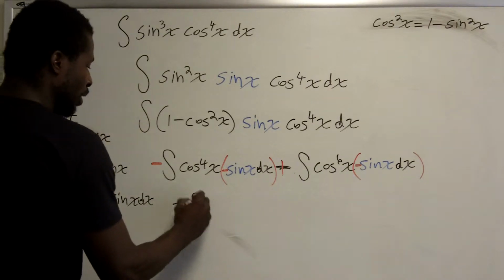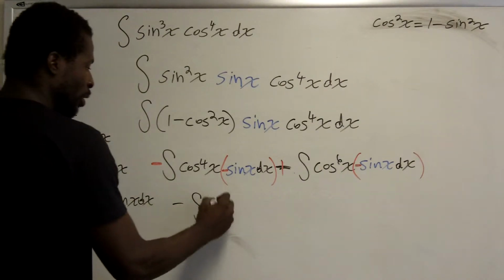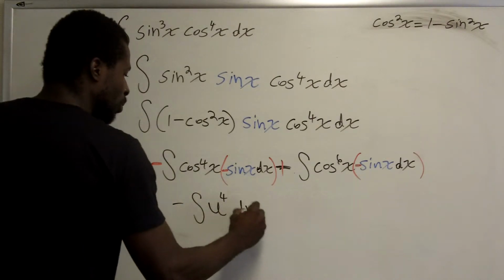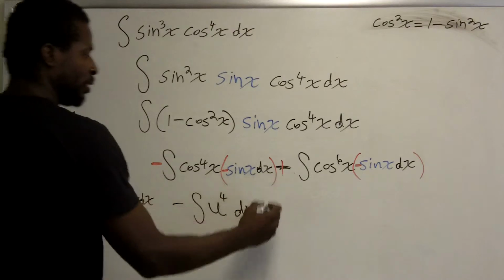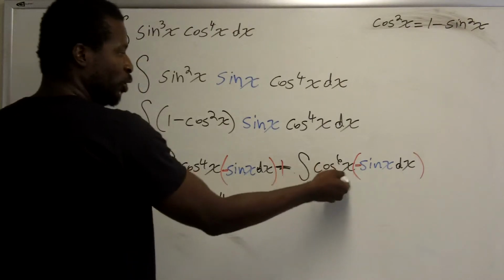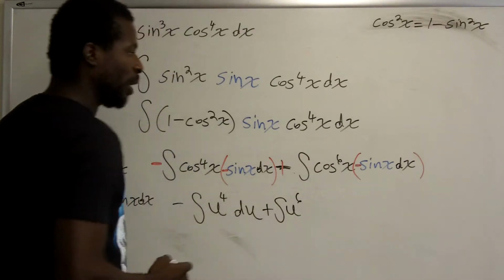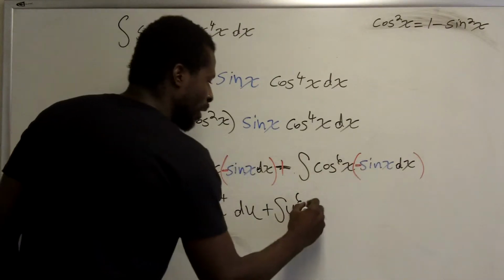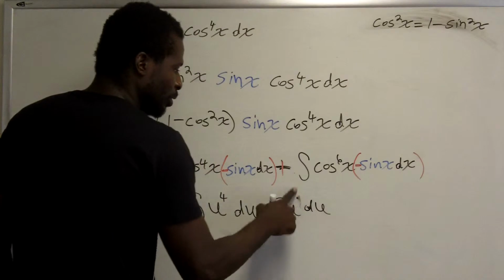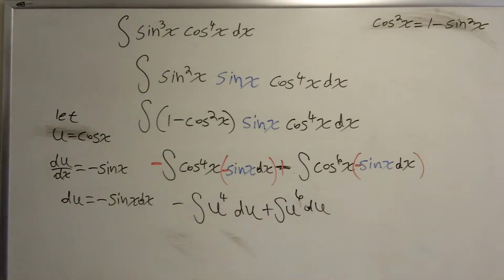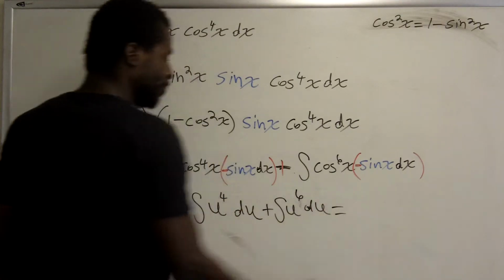This is negative integral of u to the fourth power, and this thing right here is du. Then plus the integral of u to the sixth power, and that thing right there is du. So I can do this integral using just the power rule.